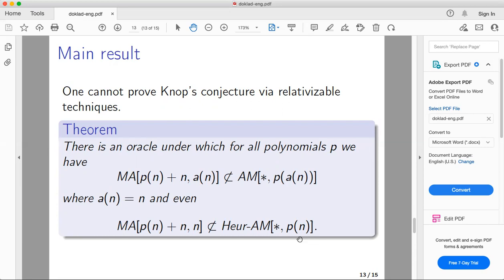More precisely, there is an oracle under which, for all polynomials P, we have that the class MA, where the length of the proof is P of n plus n, and the amount of randomness is A of n, for some A, which is actually equal to n, is different from AM, where the amount of randomness is P of A of n.